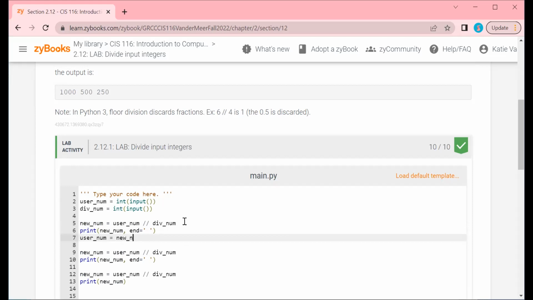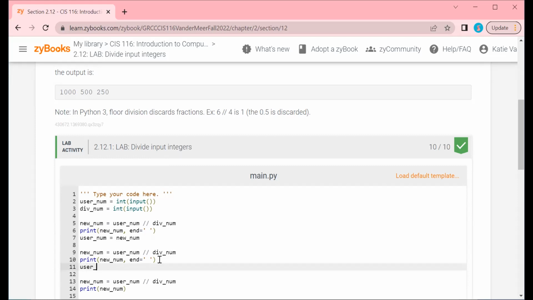So every time I go around, I use the new division, the new number that was calculated. And that change in value begins after line 7. Yes.